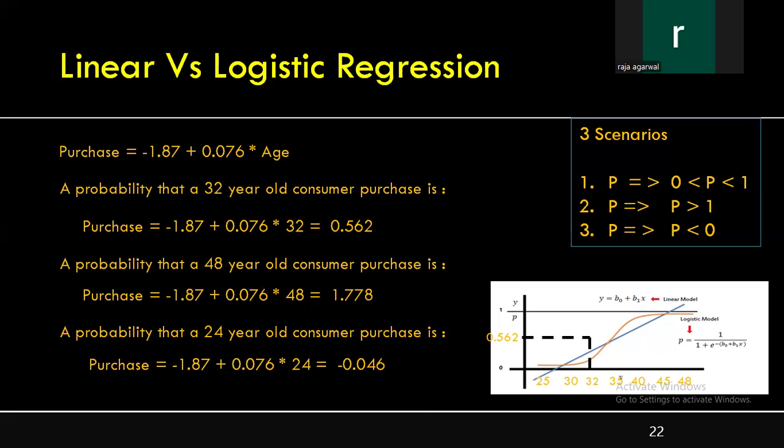But what the scientists did, right? If you take an exponentiation of this one, it will become positive. Exp of this value, it will give you a value anywhere between 0 and 1. It will bound this value anywhere between 0 and 1.